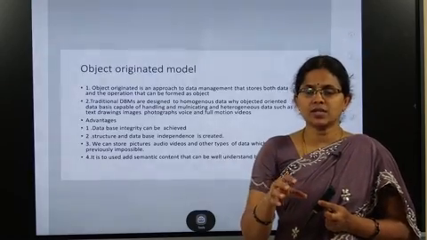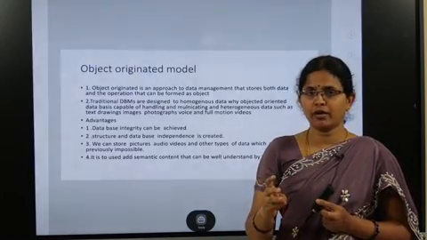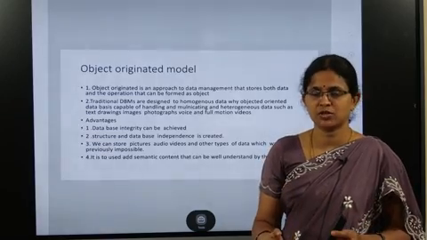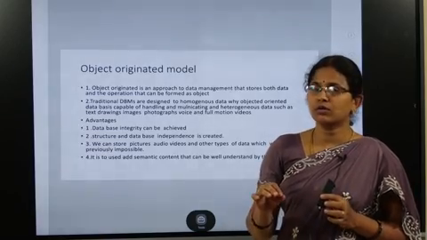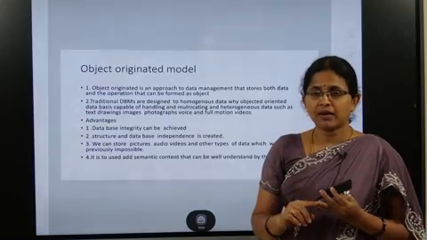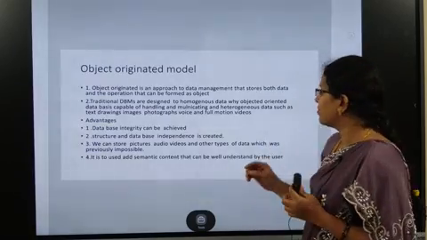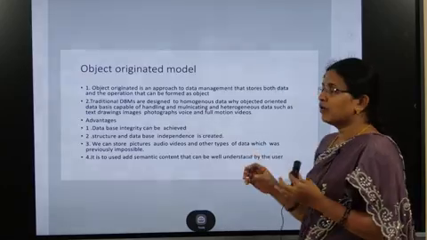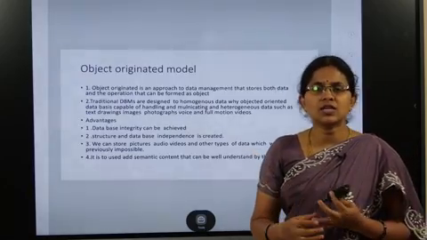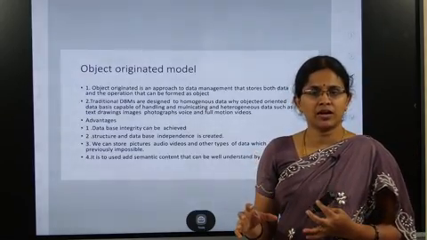In the sense, up to now, if you go for a hierarchical model, only relationships you can draw. Network model also you can draw only relationships. But images, photos, pictures, drawings and videos, these are all not supported in case of hierarchical model and network model.